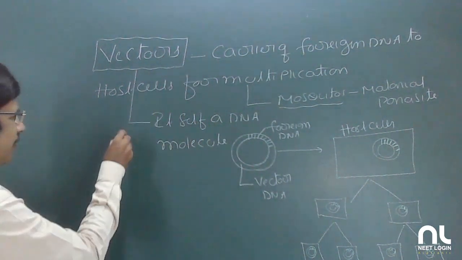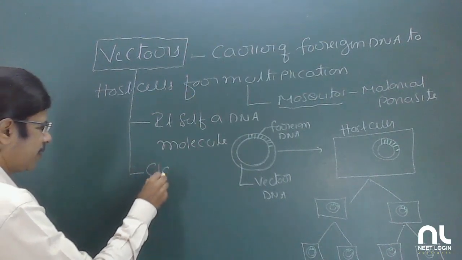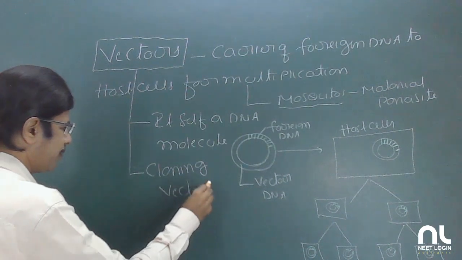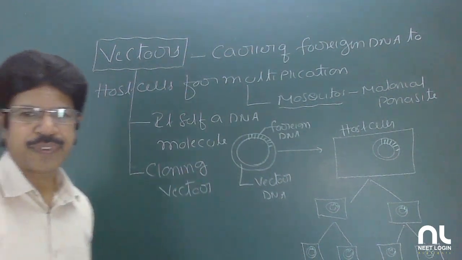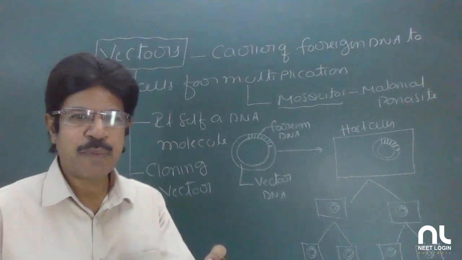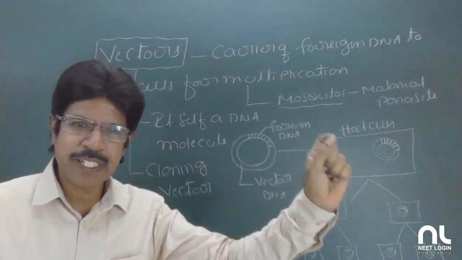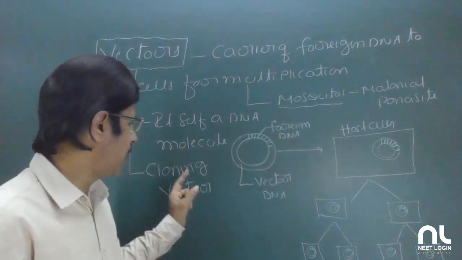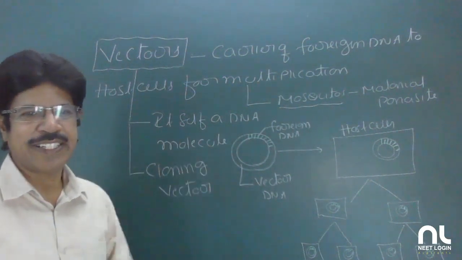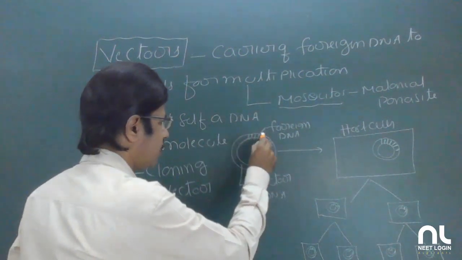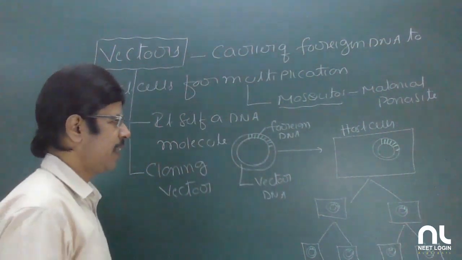So, this vector, what do you call it, cloning vector. What do you call a cloning vector? Vector is a DNA molecule that carries foreign DNA to the host cell for its multiplication. It is a cloning vector. So it is vector DNA. In this the foreign DNA got inserted.